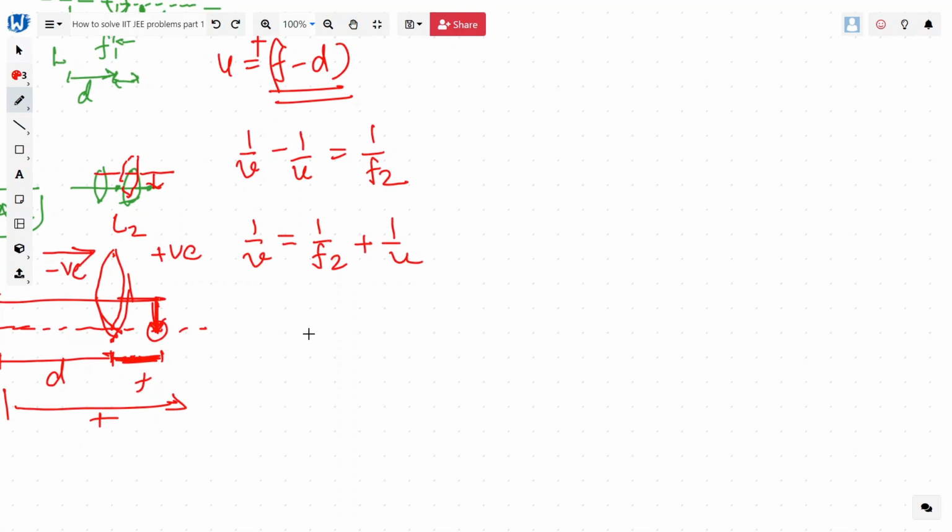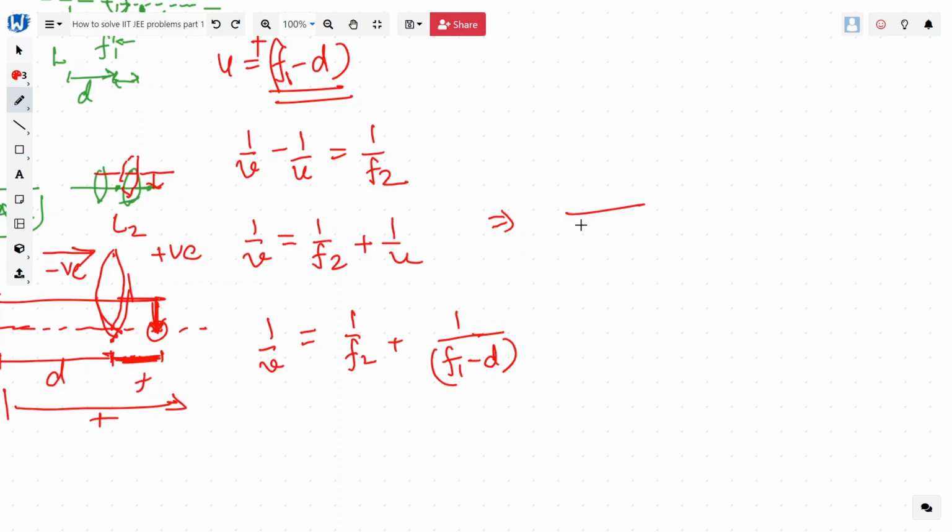So now plug that in. Basically 1 by f2 plus 1 by f1 minus d. Okay, so now that is going to be our 1 by v. So we solve for that.